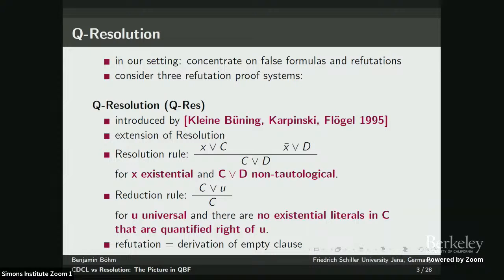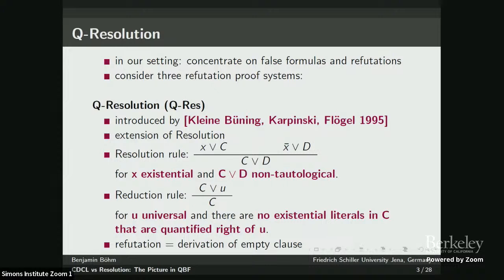Okay, and for our work here, we consider 3 refutation proof systems. The first one, Q resolution, or short QRes, was introduced in the 90s by Kleine Büning, Karpinski, and Flögel. This is just, as you know, the extension of propositional resolution. And you have already seen this resolution rule. I don't have to explain this here.